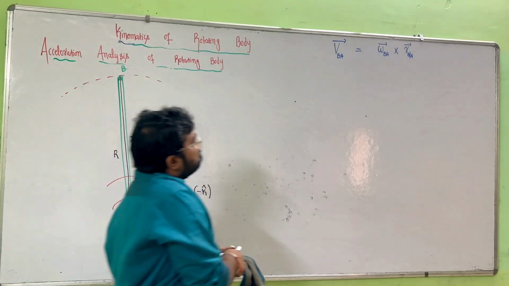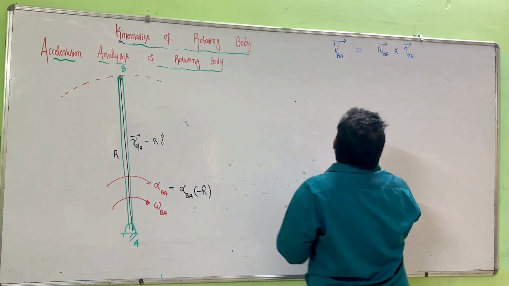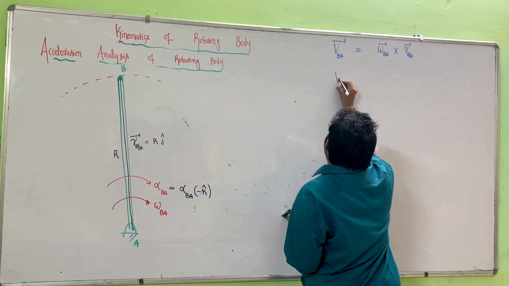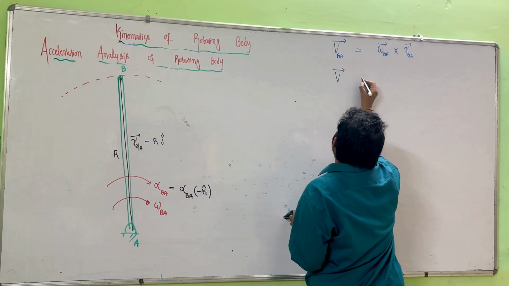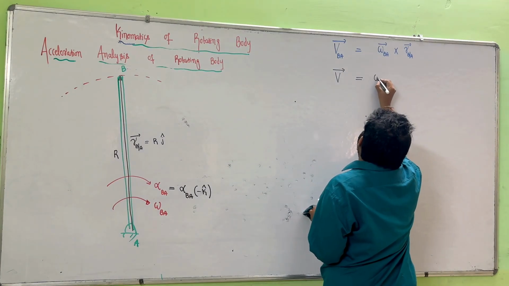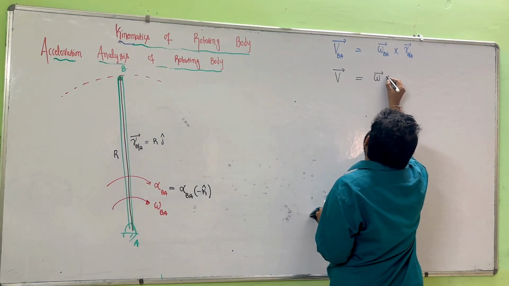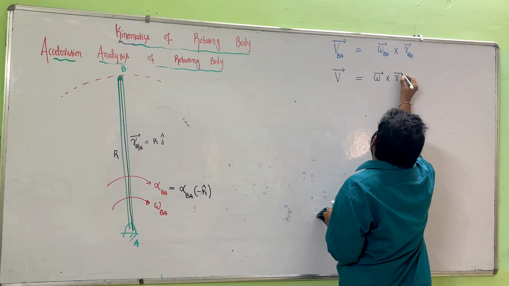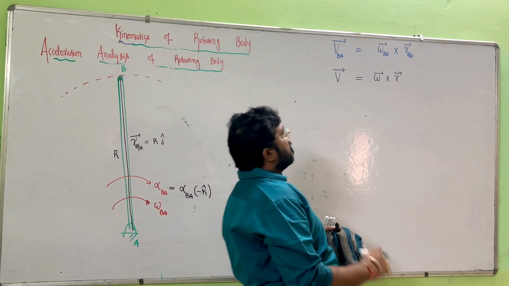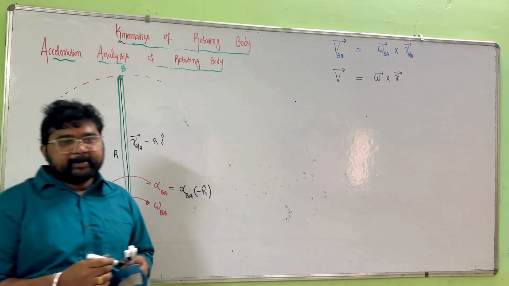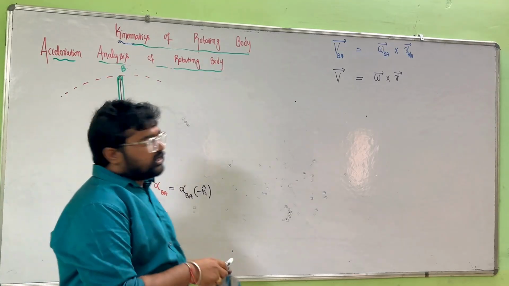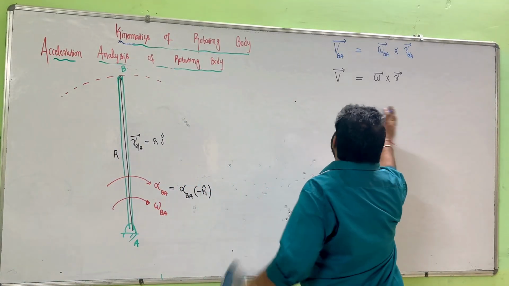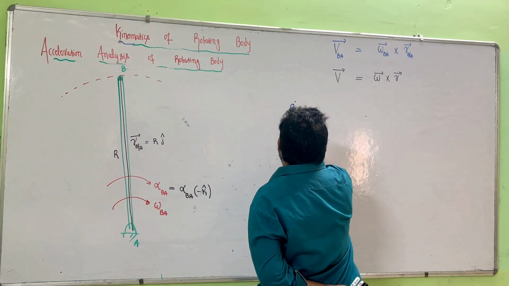Clear? So now differentiate. Just for avoiding confusion, V bar equals omega bar cross R bar. Understood? Now differentiate with respect to time. What is the acceleration?